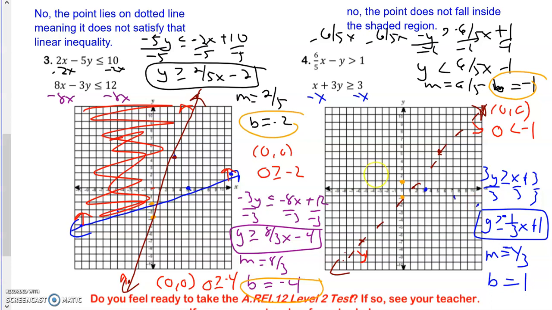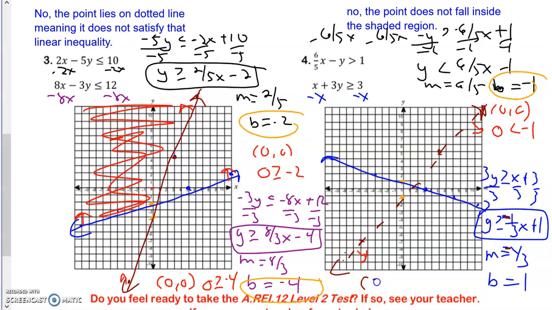And then I'm going to do the reverse. And when I do this one, I know it's a solid line. So I'm just going to draw a solid line. And this is a negative. Let's make sure you guys see that this is a negative and this is a negative.